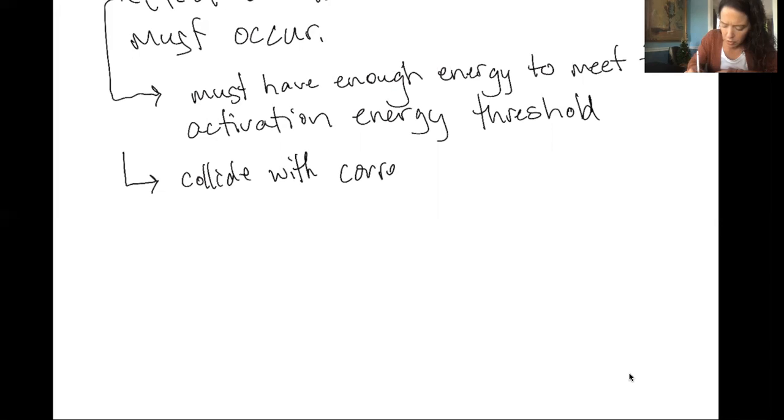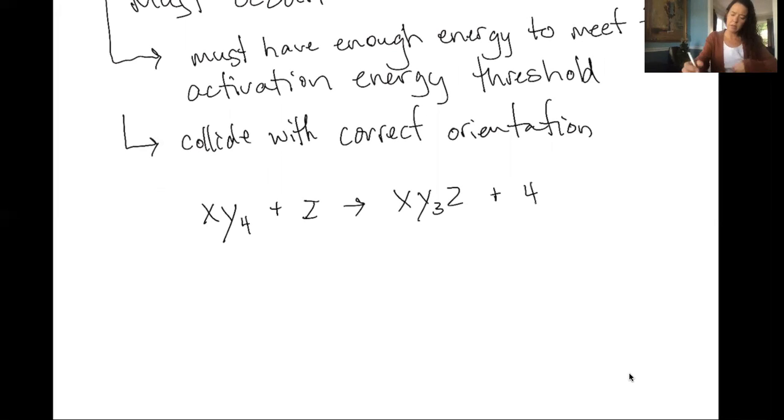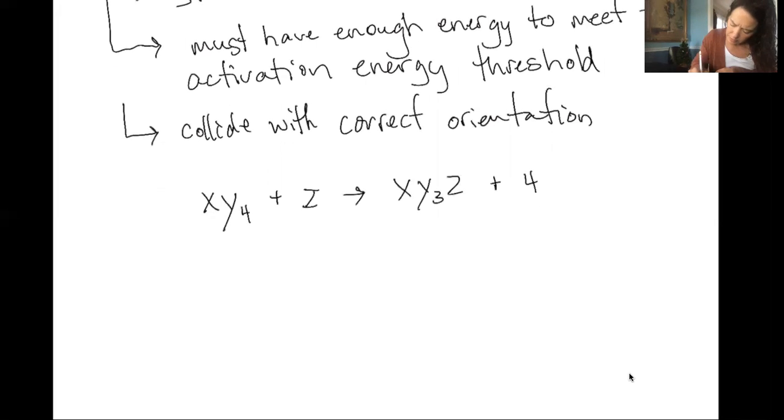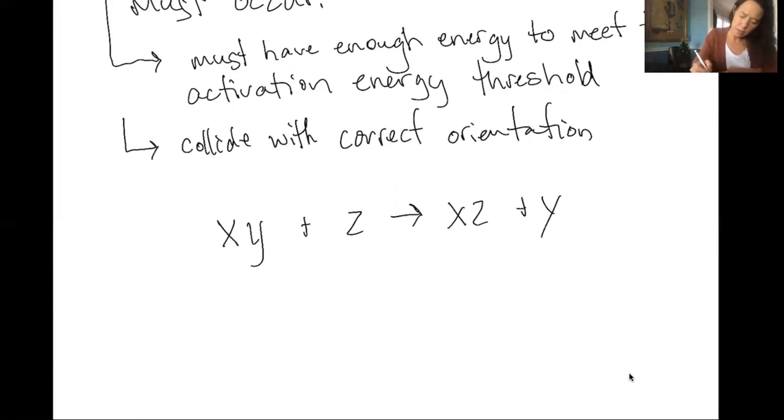All right, so I want you to think about that like this. Let's say, I'm just going to make this up, that XY plus Z yields XZ plus Y. So let's draw it.